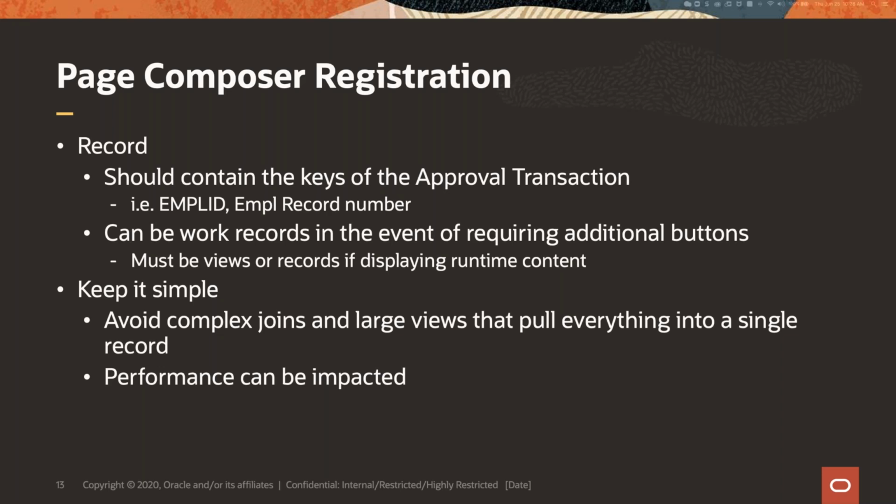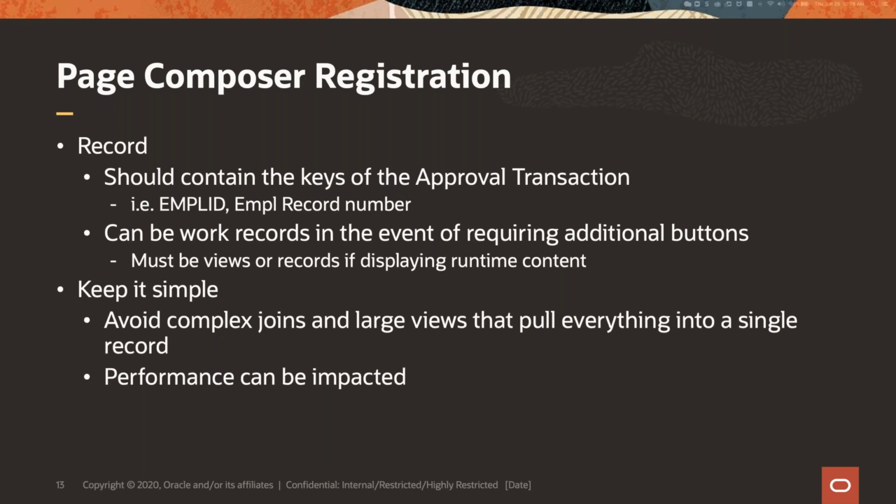From an HCM standpoint, that's the employee ID, employee record, say the absence request ID, start and end dates. It runs a large range as far as how many keys there are. In financials, it can pretty much be the business unit and say requisition ID or expense ID or sheet ID, whichever the different keys are there.